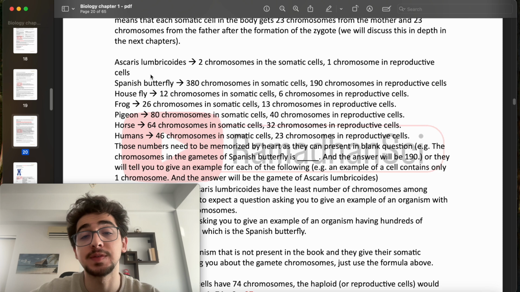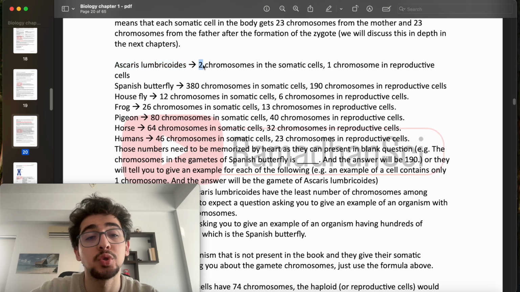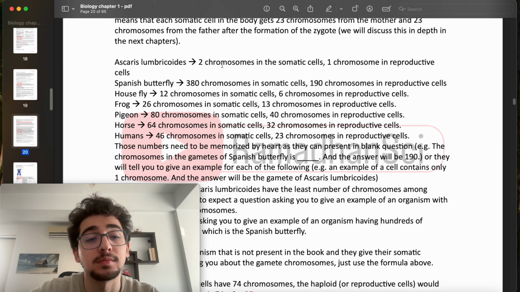For example, give an example of a somatic cell that contains 2 chromosomes, and it will be the somatic cell of the Ascaris lumbricoides. So 2 chromosomes in somatic cells divided by 2. 2 divided by 2 equals 1, which equals the number of chromosomes of the gametes.